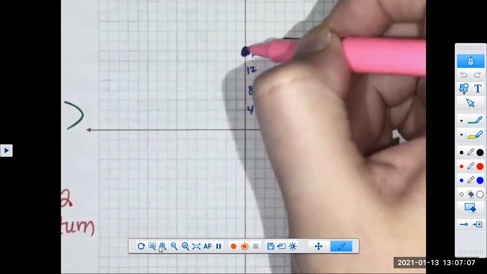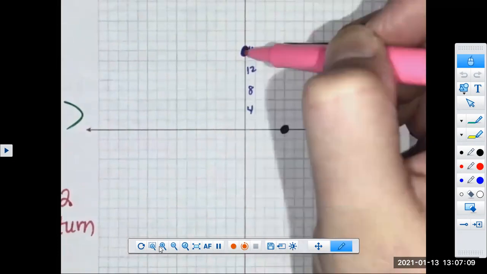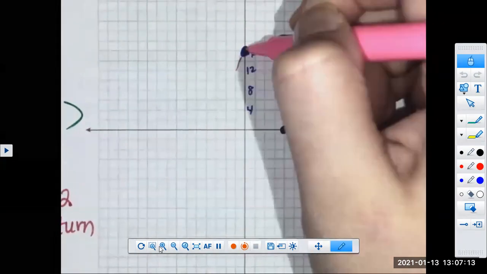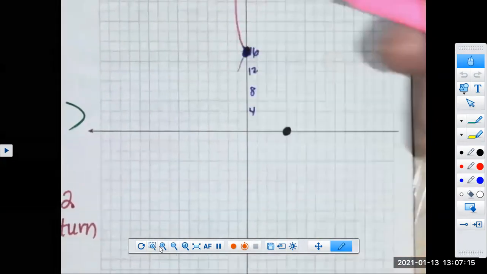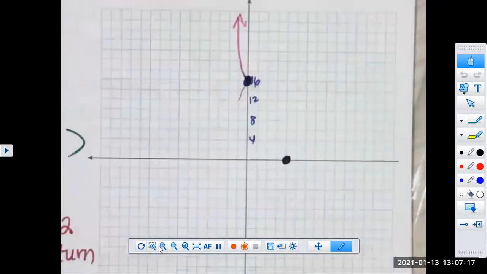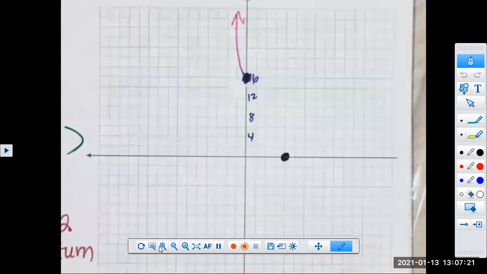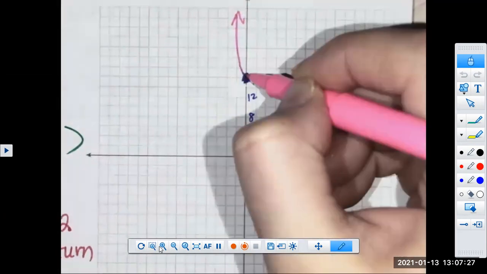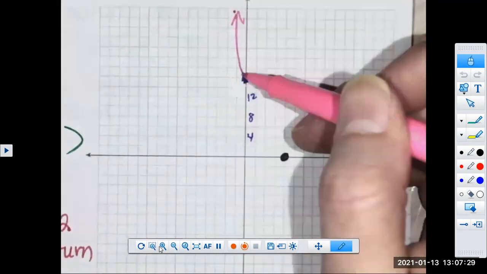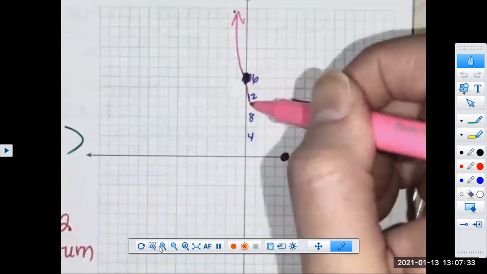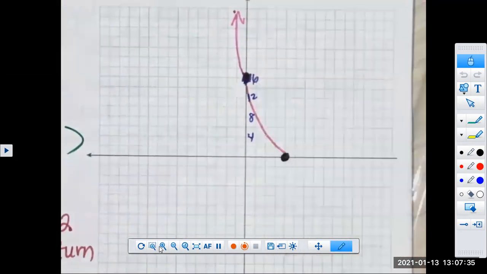Using your end behavior, you either draw a curve coming down or draw a curve coming up. It should be going up. And this is just a sketch, okay? People that like to be very accurate and have it going through every point usually don't like this. So draw it going up. Then it has to come back to your next point. So connect the dots from there.